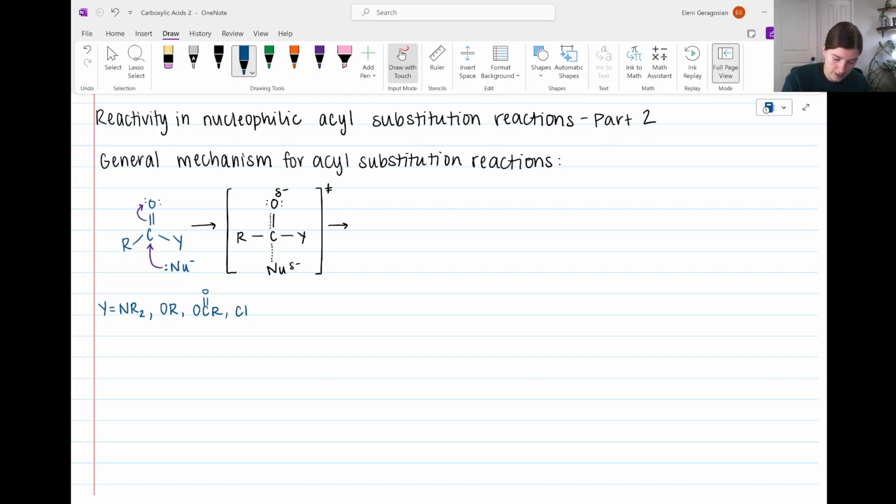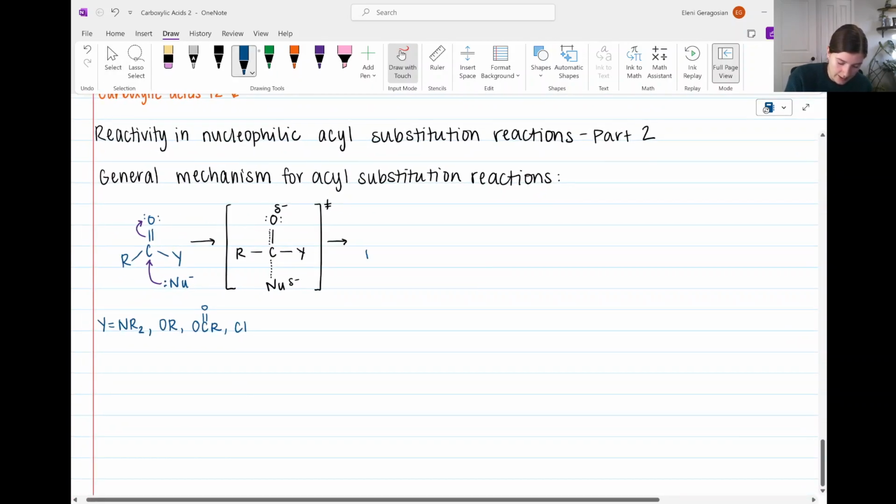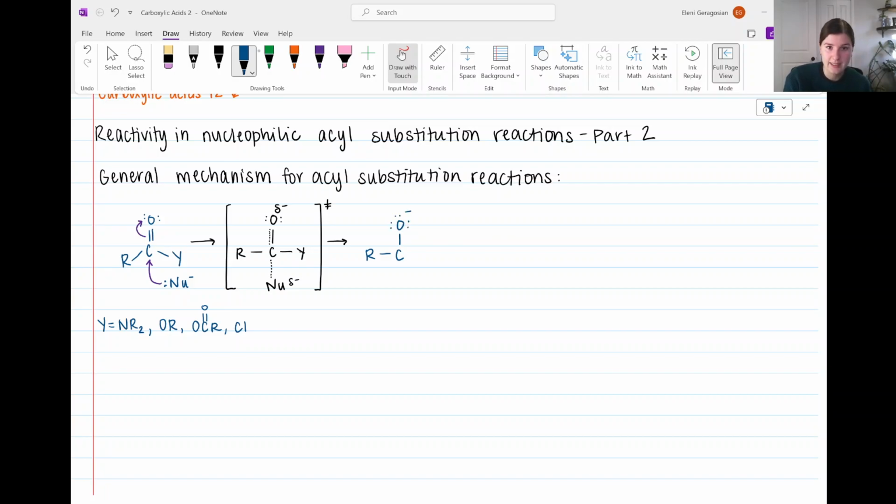where we have now a tetrahedral intermediate. So if we look back at the arrows that we drew on that first structure, we now have a single bond to oxygen. Oxygen gained a pair of electrons, so it has a negative charge. The bond to the Y group has not changed, and we have a new bond to the nucleophile, which is now neutral.